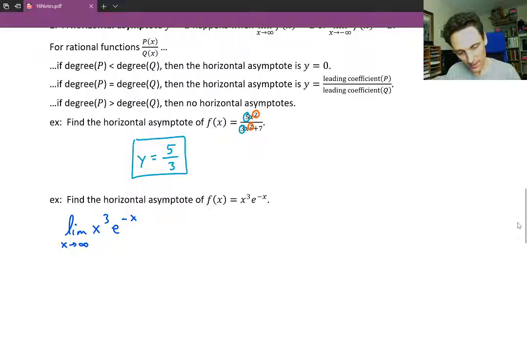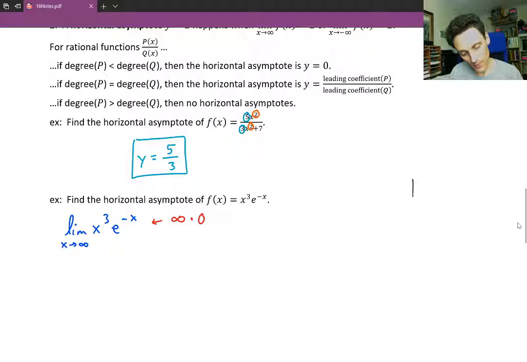Now if we look at the type of that limit, the x cubed is going to infinity as x goes to infinity, and the e to the negative x is approaching 0 as x approaches infinity.